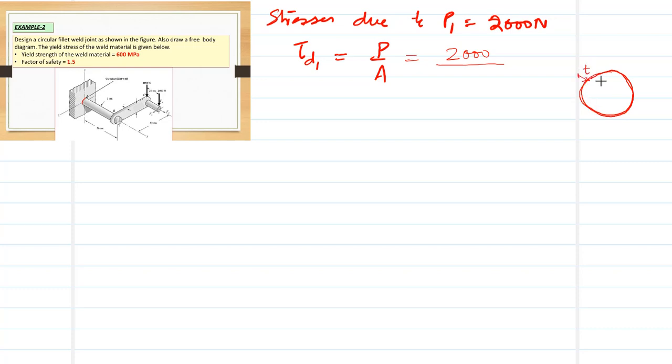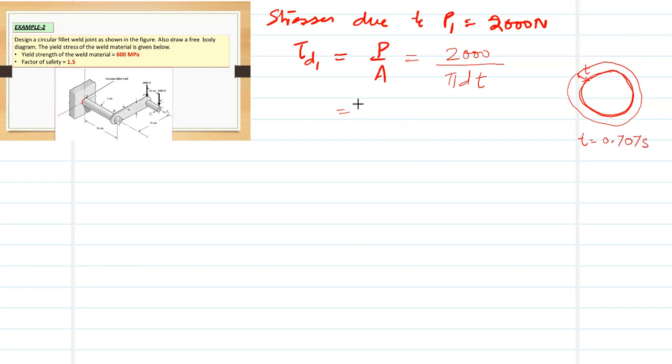Clear? So we have this beam and your weld. So this is pi d, the circumference of the weld, into the throat of the weld, which is pi d times t. Clear? Which is the throat of the weld.